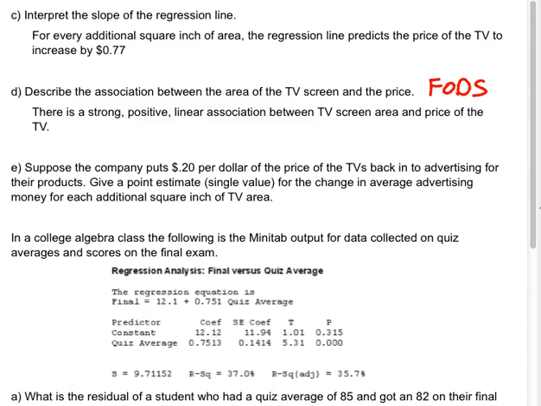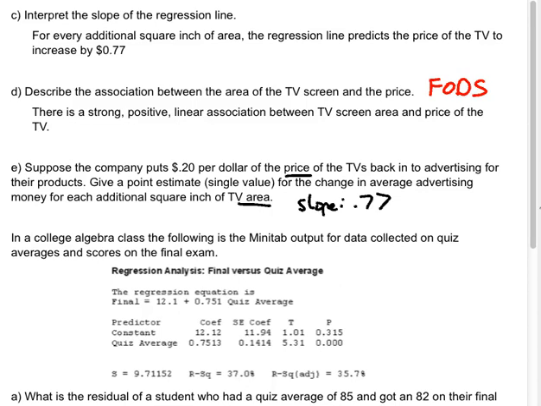So basically the change in average advertising money per additional square inch. Well, we can relate price to the area. So price per area, isn't that the slope? We have a relationship between the price and the area of the TV screen.